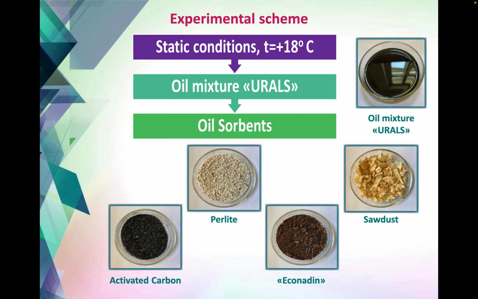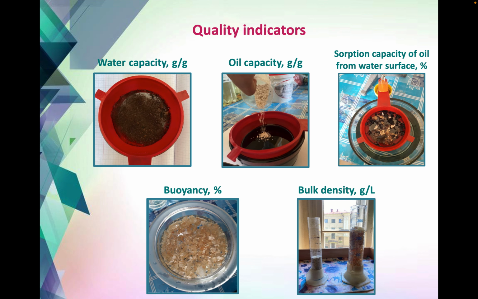The study of quality indicators of sorbents was carried out in the laboratory under static conditions at a temperature of 18 degrees Celsius. The experiment used Ural's oil mixture. Perlite, sawdust, activated carbon, and the biosorbent econidin were taken as the sorbents. To assess the quality of oil sorbents, the following indicators were selected: oil and water capacity, sorption capacity of oil from the water surface, buoyancy, and bulk density.